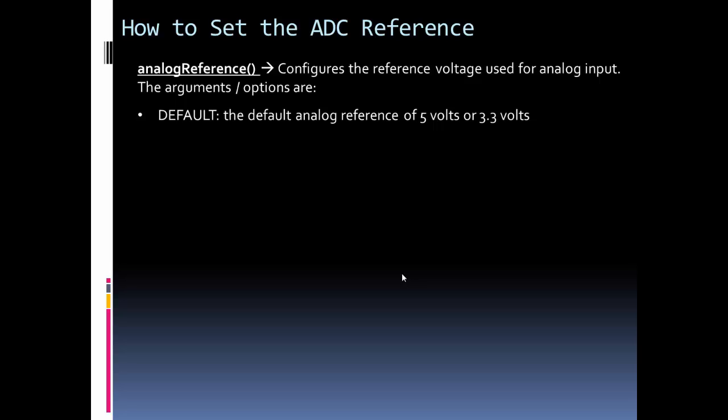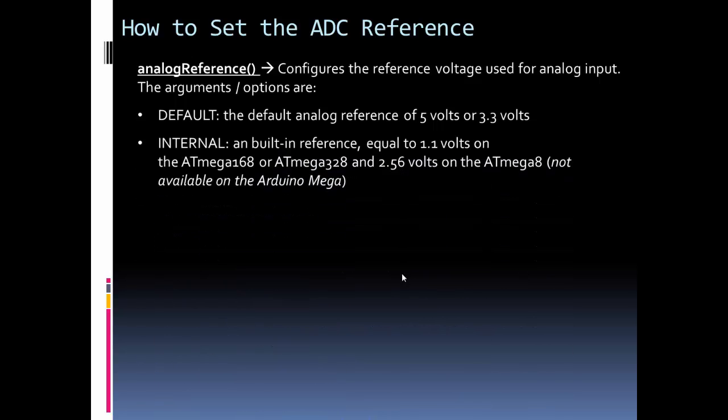Now here are the arguments for the analogReference function. The first is DEFAULT, which is what it already starts out as, and it will use 5 volts if you're using an Uno. If you're using something like a Pro Mini, whose VCC is 3.3 volts, that's what the default will be. You can use INTERNAL, which for the 328 chip is 1.1 volts. For some of the other Arduino chips, it's different values.